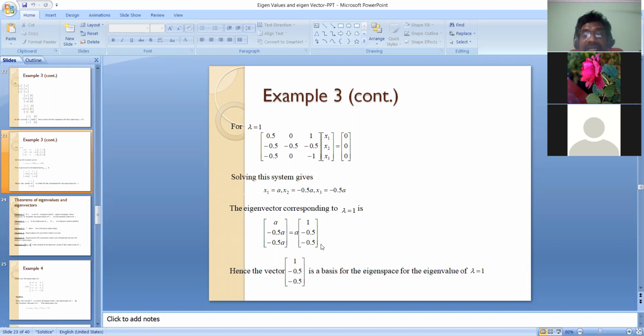If you take a equal to 1 by 2, we get 2, minus 1 as an eigenvector. If you take a equal to 0, then we get the zero vector. If you take a equal to, suppose, minus 1, we get minus 1, 0.5, 0.5 as a basis vector of the eigenspace corresponding to lambda equal to 1.